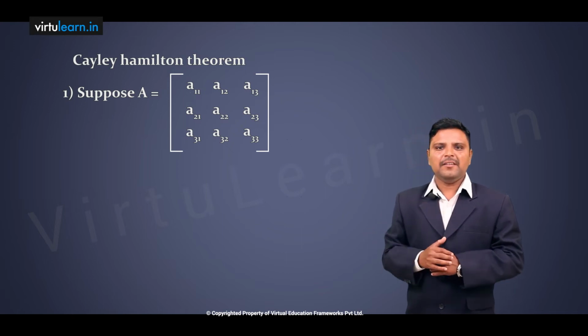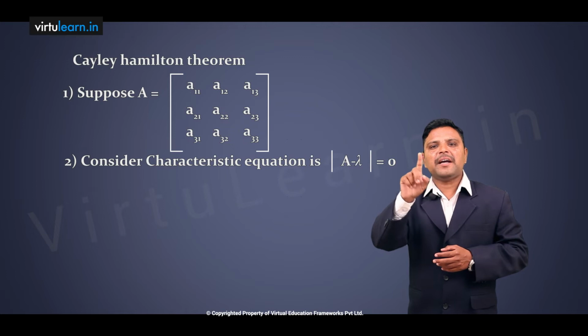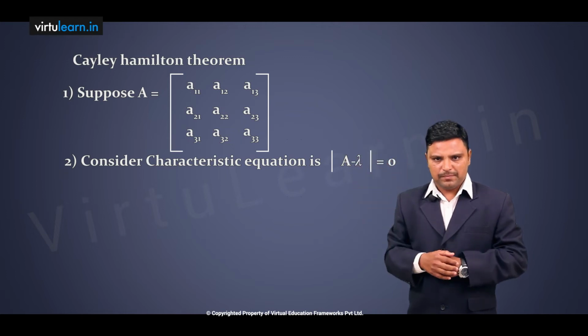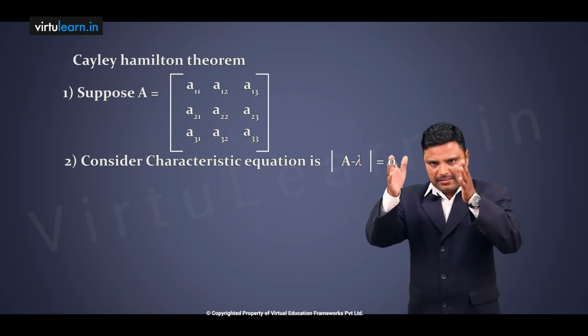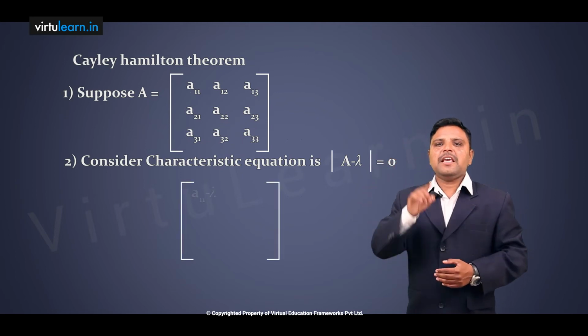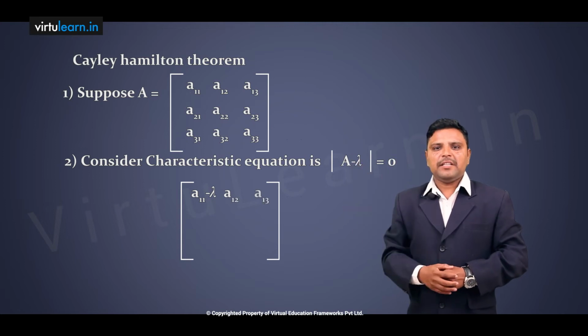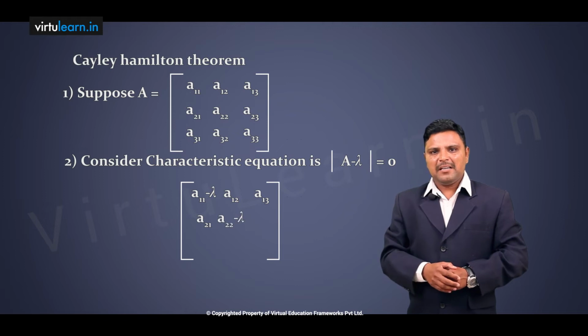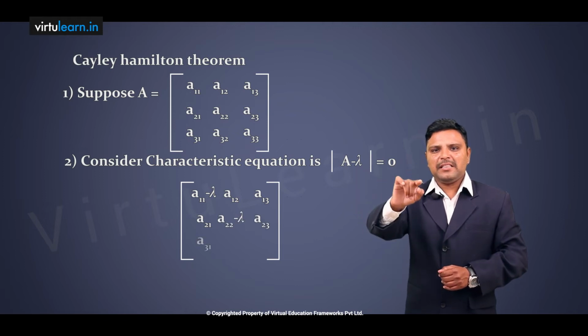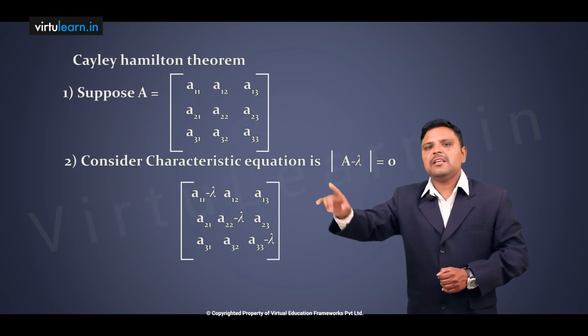In the same way, consider the characteristic equation determinant of A minus lambda equal to 0, which we write systematically: determinant of A11 minus lambda, A12, A13; A21, A22 minus lambda, A23; A31, A32, A33 minus lambda, equal to 0.